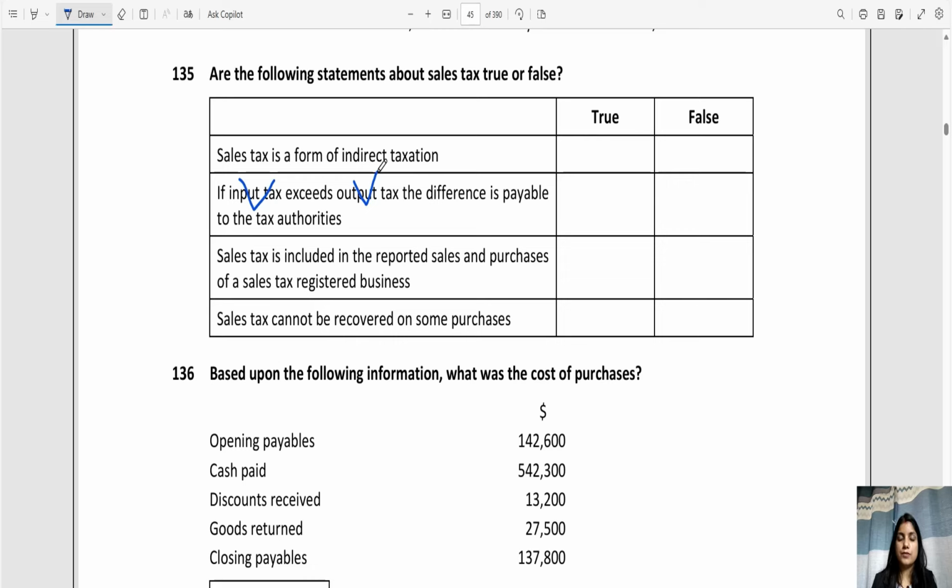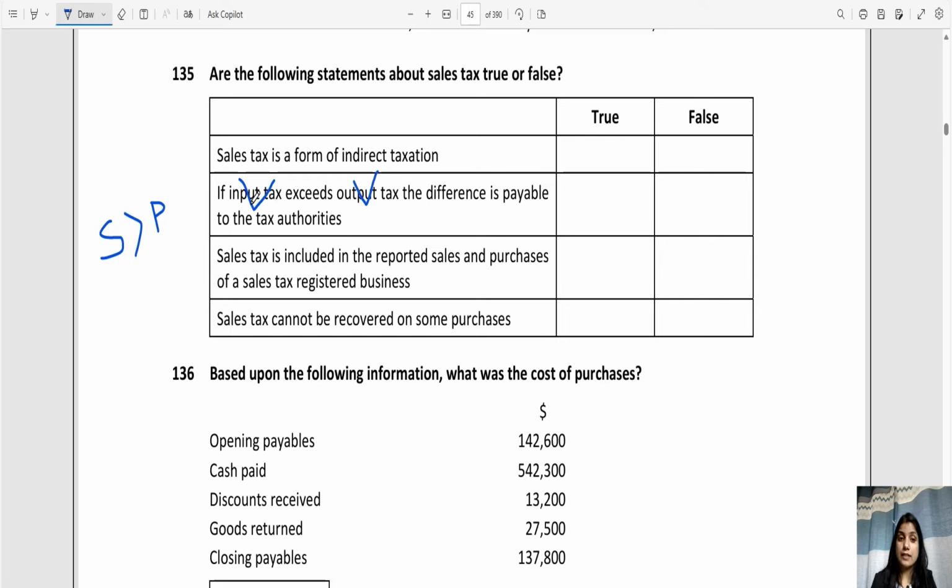So it's sales VAT, and if your sales VAT is more than the purchase one, in that case you need to pay HMRC. However, if purchase VAT is more than the sales one, in that case you will receive from HMRC. So it's incorrect, it will be false.